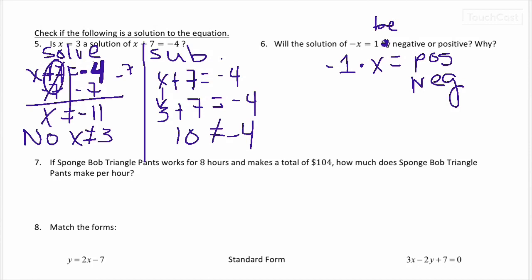Will the answer be positive or negative? And why will the solution? Okay. I forgot to put the 1 in. I'm going to put that in.